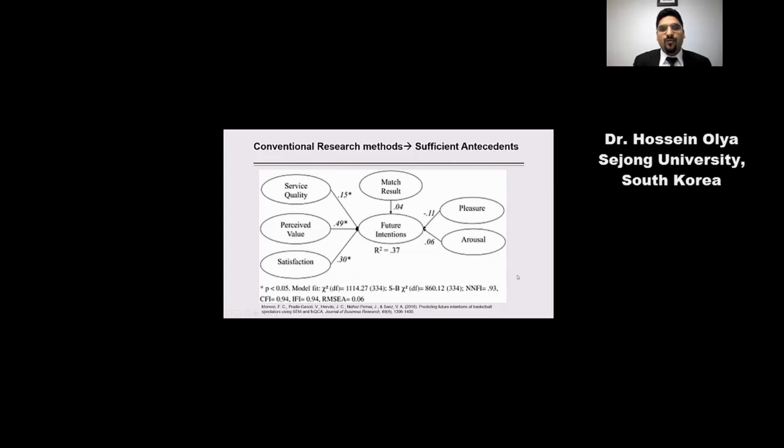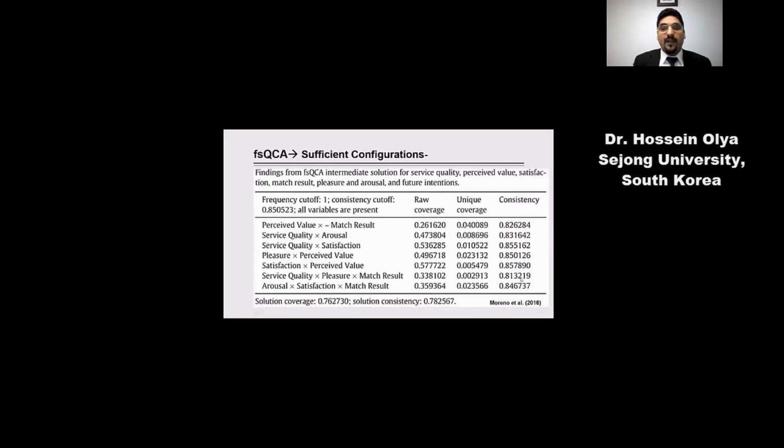So we need to investigate sufficient antecedents using conventional research. Now we need to explore sufficient configurations. It means the combination of the factors, the combination of the antecedents. They applied fsQCA and came up with several models that lead to a high level of future intentions of the spectators.